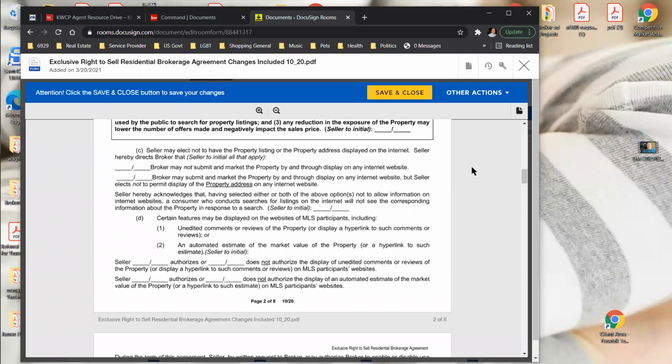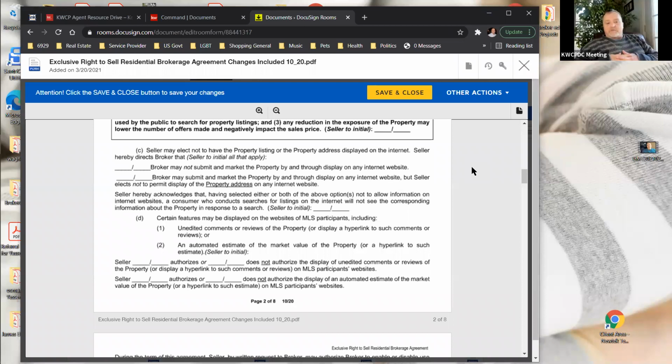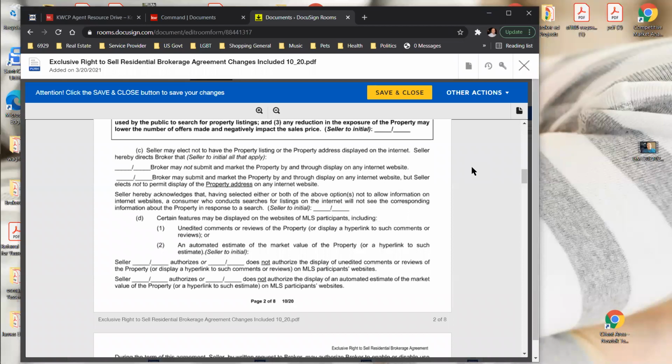I usually have them sign that because while I can't control what other websites do, if other websites are following MLS guidelines like Redfin or Zillow, for example, which usually do, we do want to have unedited comments prohibited, because you just never know what somebody will write, and I'd rather have nothing at all written than have something negative written.